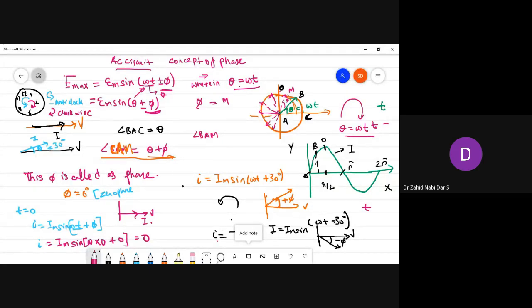So here, if you notice, this direction is anti-clockwise. So anti-clockwise phase would be positive.